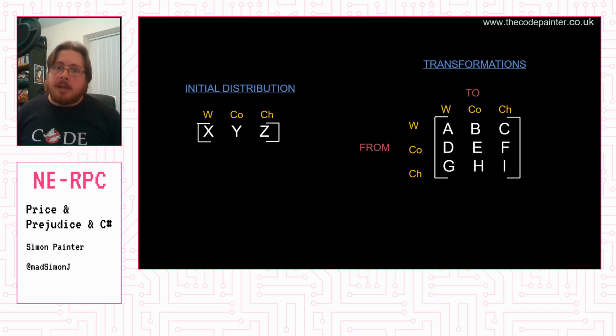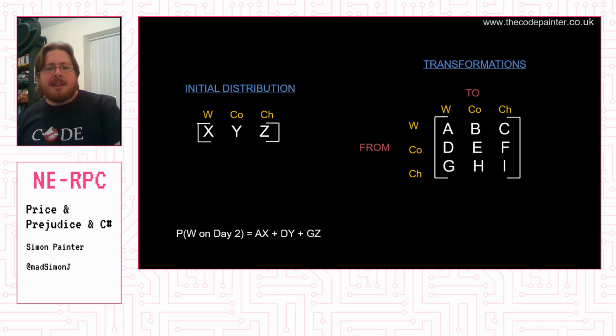We have to do matrix multiplication, which is not as complicated as it might sound. All it means is that if on day two I want to work out the probability that they will have chosen some Weetabix, all I have to do is multiply together each of those initial probabilities with the state that would make it happen.